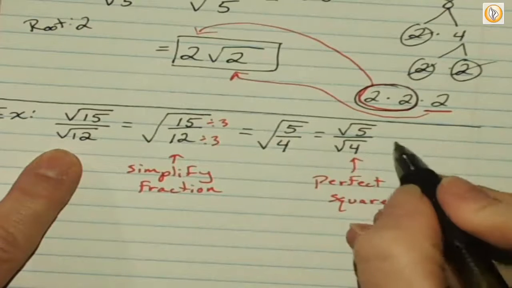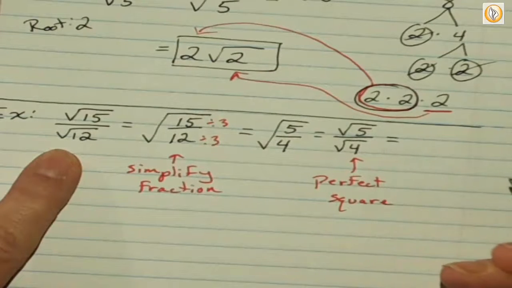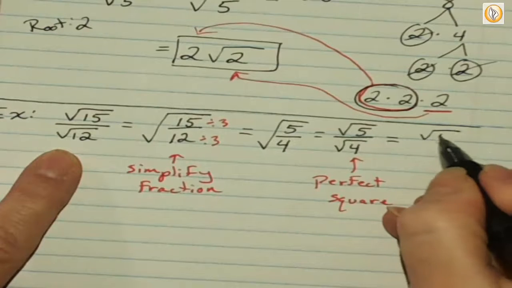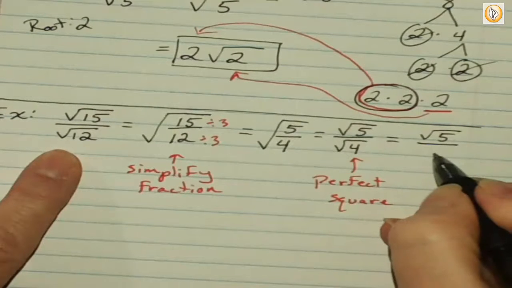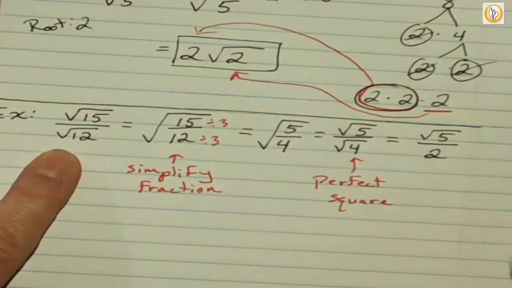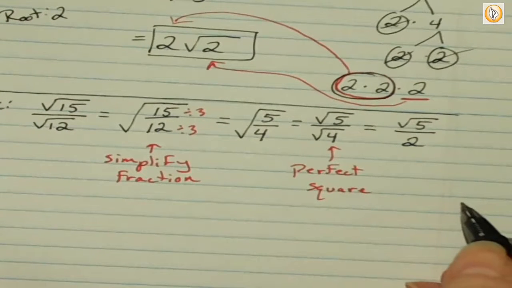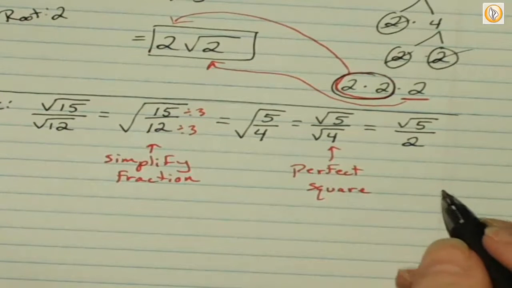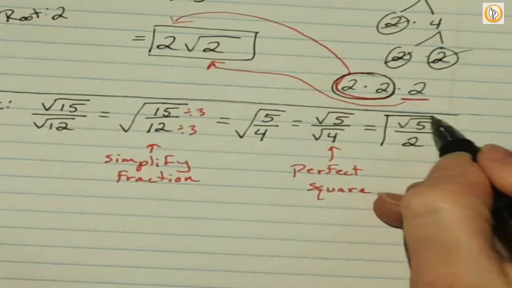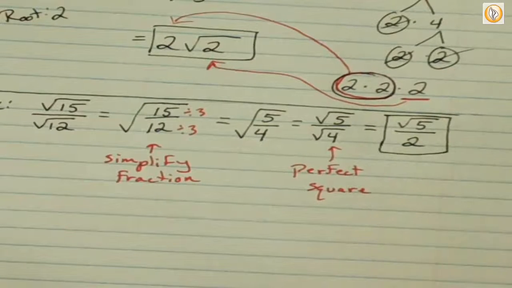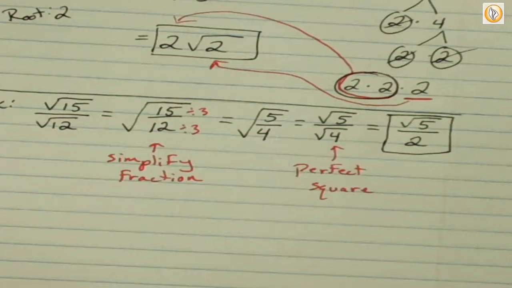So, Cecilia, what is the square root of 4? So then I have the square root of 5 over just 2. In this case, we're done. There's no way to simplify that anymore.